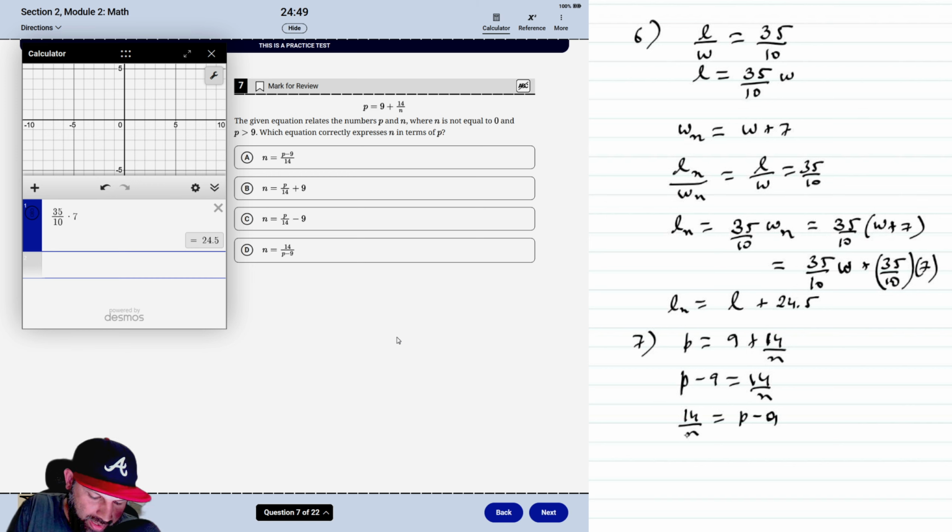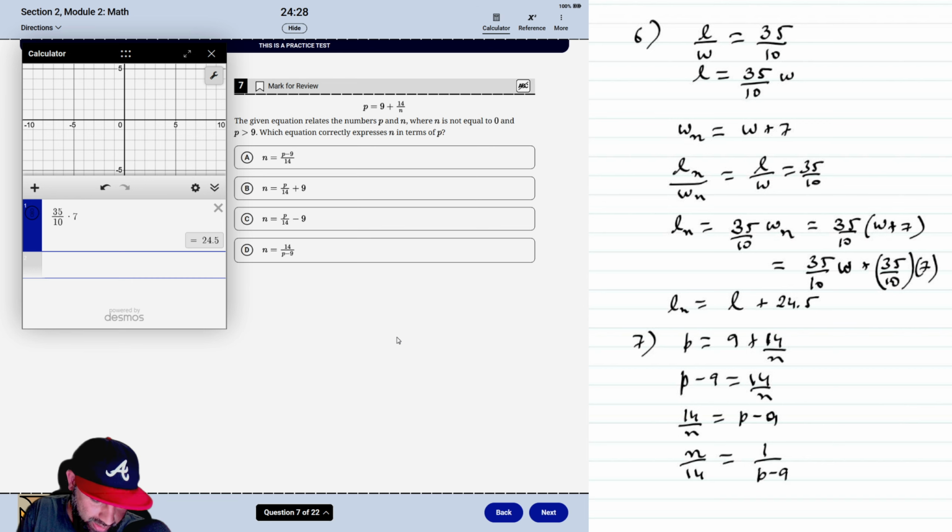Okay, and we know that the answer is going to be in terms of n. So what we'll do is flip both sides of the equation. We'll take the reciprocal on both sides. So this becomes n over 14 equals 1 over (P - 9).